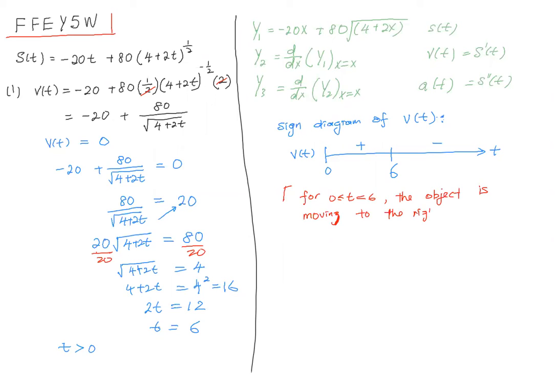So you see the sign diagram, you must know how to interpret. So for t equal to 6, what can you say about the situation of the object? Jensen, continue. The object stops moving.